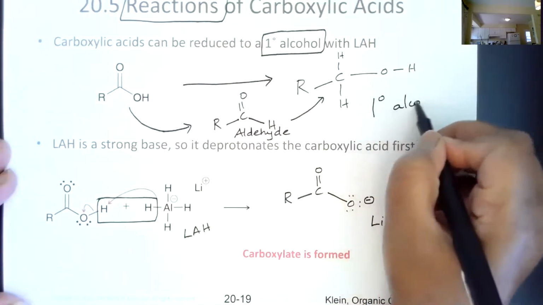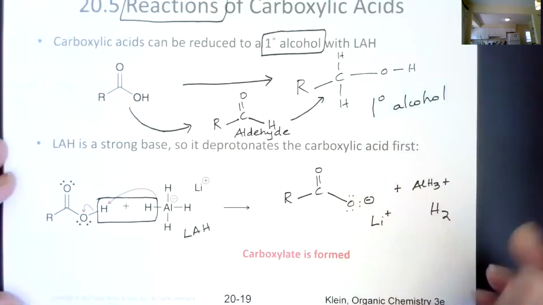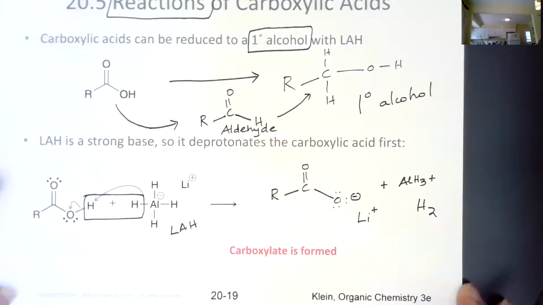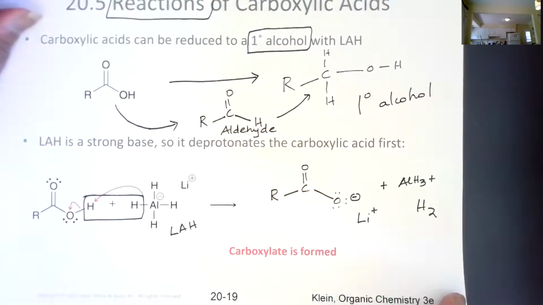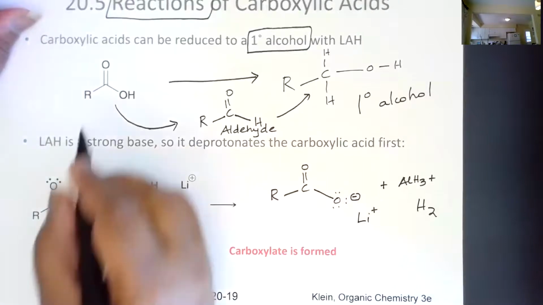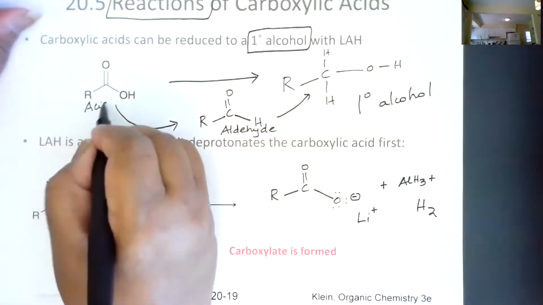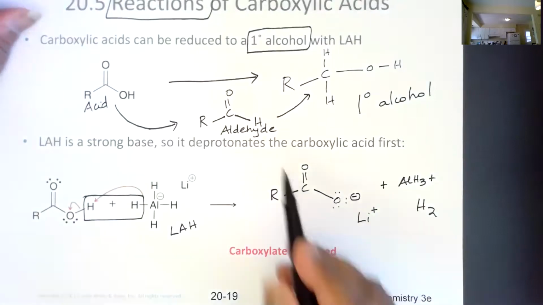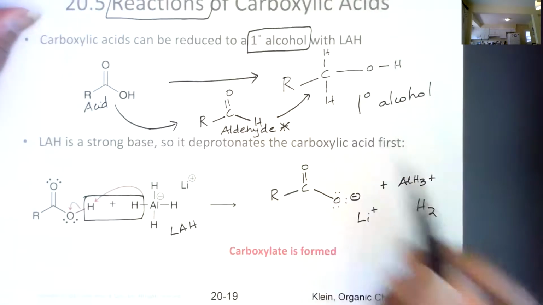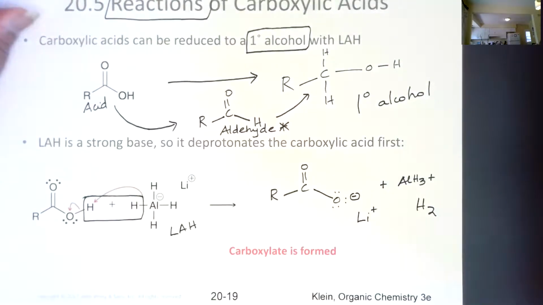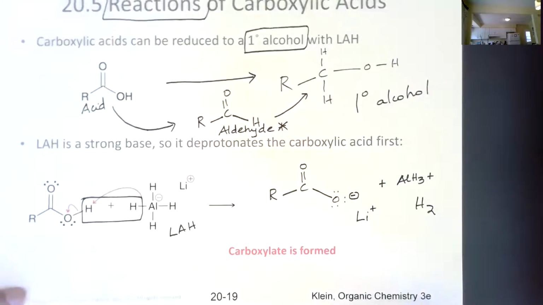And then to a primary alcohol. Okay. So we've only gotten up to the carboxylate ion. Okay, acid. So we're going to see how it becomes an aldehyde, and from that, you know, you've seen the mechanism before.